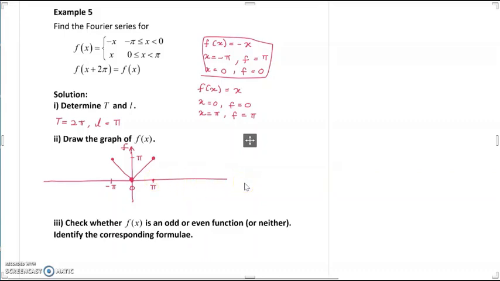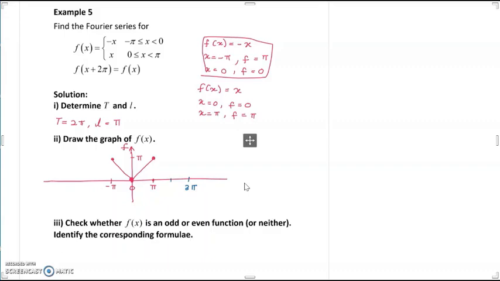So we have at the right side pi, so 2 pi somewhere here, and the next one is 3 pi. So we will repeat the shape of our graph in the next period.